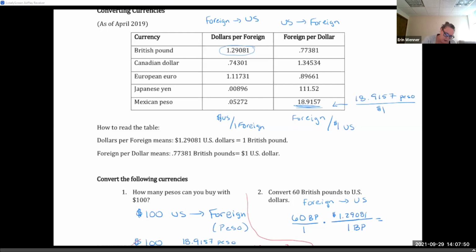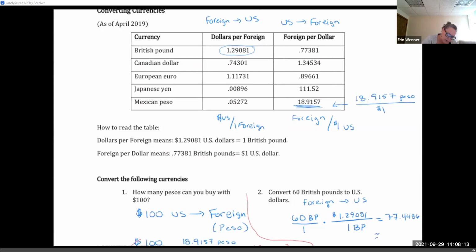When we multiply those together, rounding to the nearest penny because it's American money, we get 77.4486.